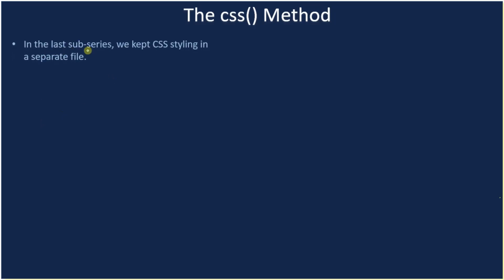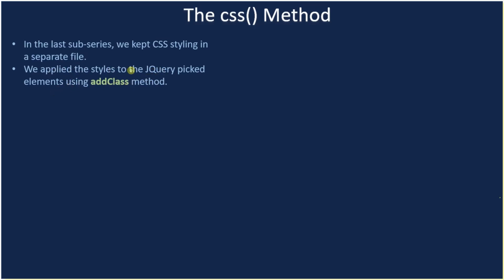In the last sub-series, we kept a CSS styling in a separate file. We usually have a HTML file, a CSS file, and then a JavaScript file. We applied these styles to the jQuery picked elements using add class.